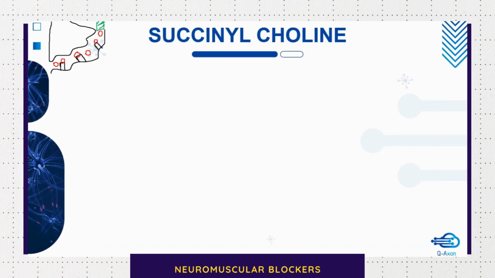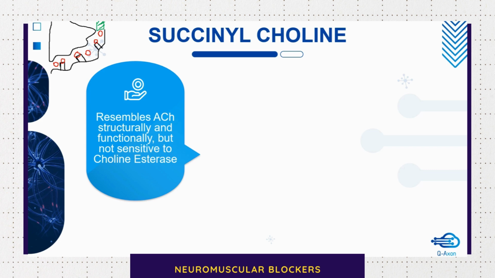Now let's study the next category of neuromuscular blockers represented by succinylcholine. So how is succinylcholine different from curare or gallamine? Succinylcholine also resembles the acetylcholine molecule, but it resembles this molecule both structurally and functionally. Therefore, it binds to the nicotinic receptors and it also causes depolarization.